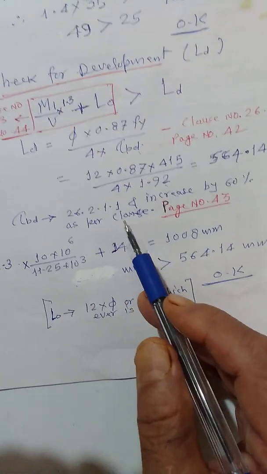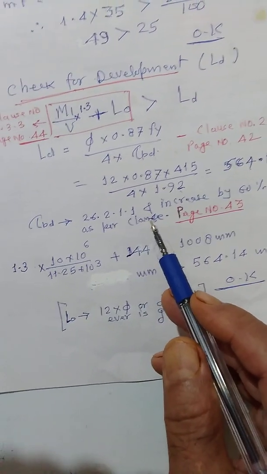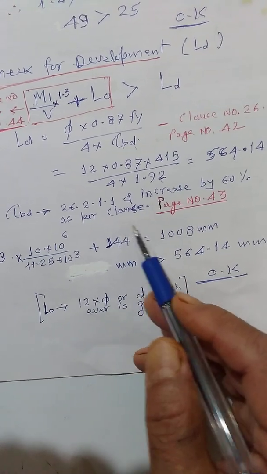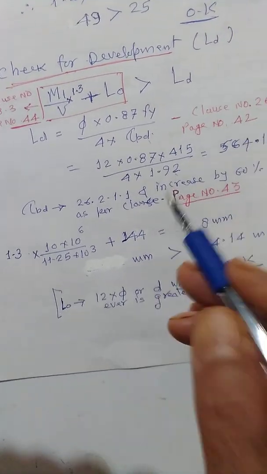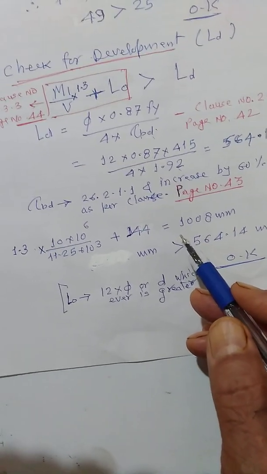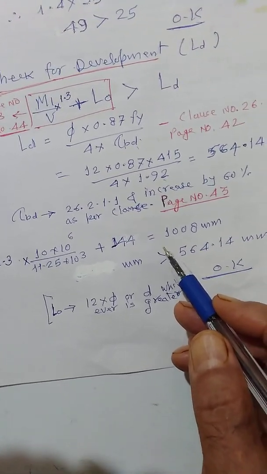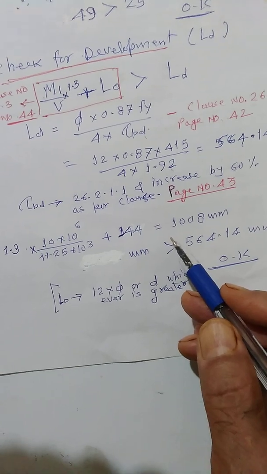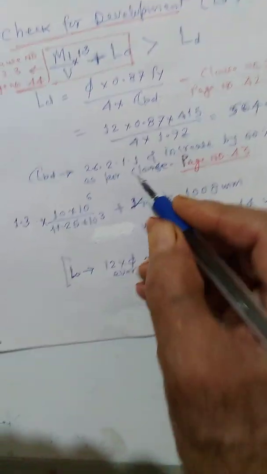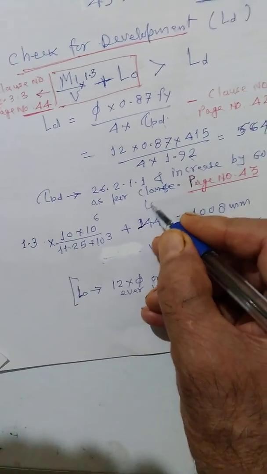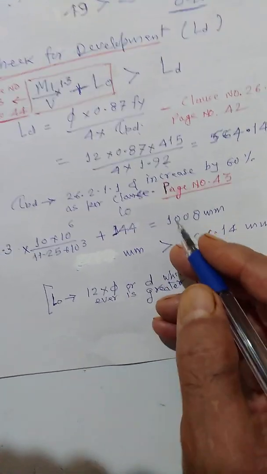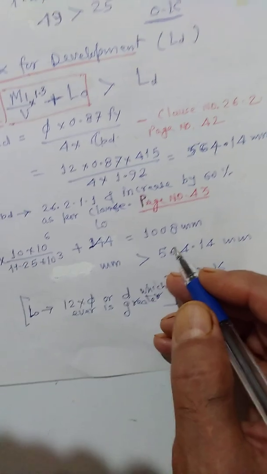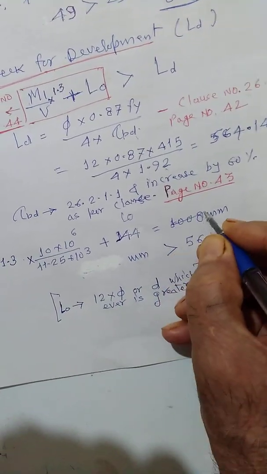L0 is nothing but 12 times bar diameter or effective D, whichever is greater. Our effective D is 100 and 12 times bar diameter is 144. That's why L0 is taken as 144.